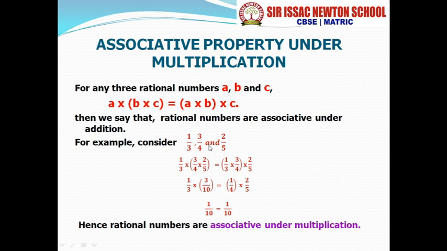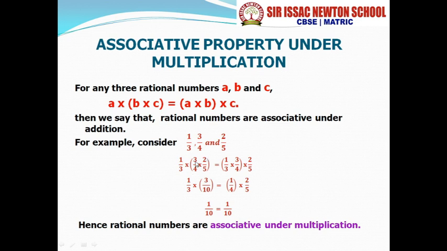The numbers are 1 by 3, 3 by 4 and 2 by 5. A is 1 by 3, B is 3 by 4, C is 2 by 5. So 1 by 3 into 3 by 4 into 2 by 5. Since it is multiplication, we can reduce it into simpler terms. 2 ones are 2 and 2 twos are 4.